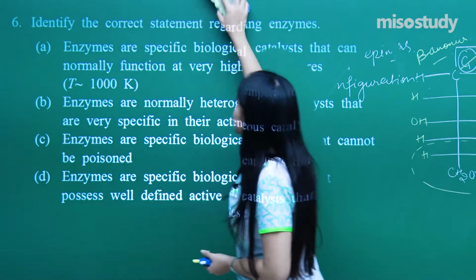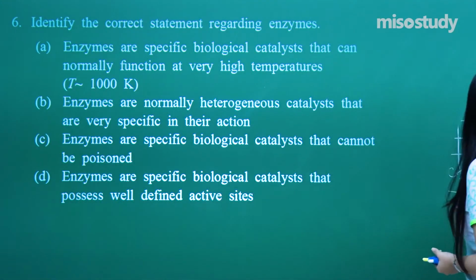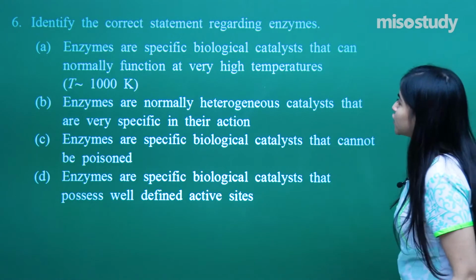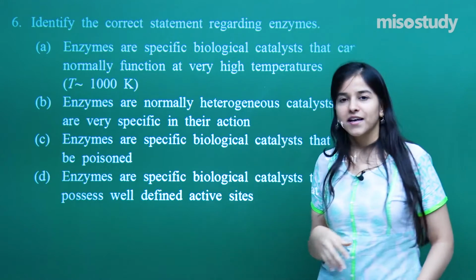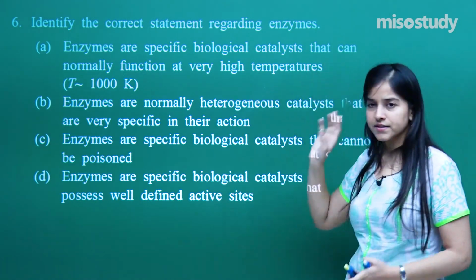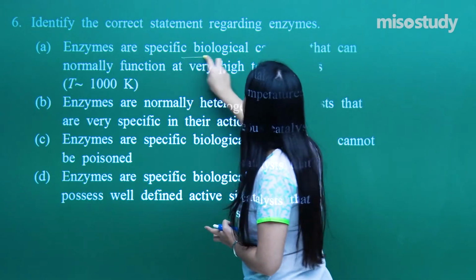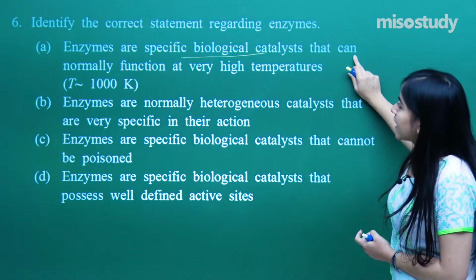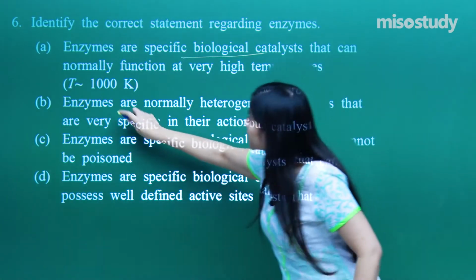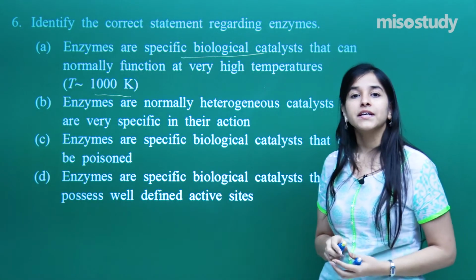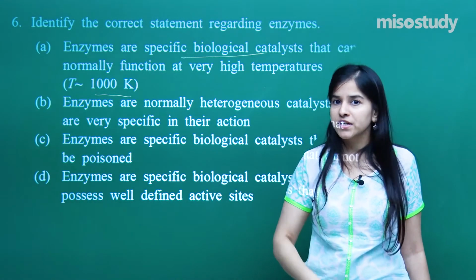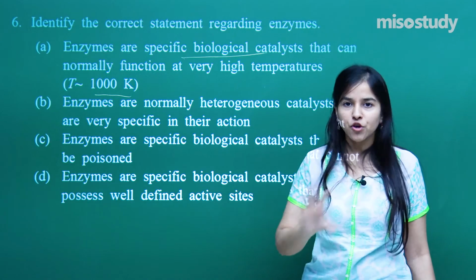Now comes up the question related to enzymes. I hope everybody has revised the concepts. So identify the correct statement regarding the enzymes. Enzymes are specific biological catalysts. Yes, they are. That can normally function at very high temperatures. Approximately they have given 1000 Kelvin. So is there a 1000 Kelvin temperature developed within our body?